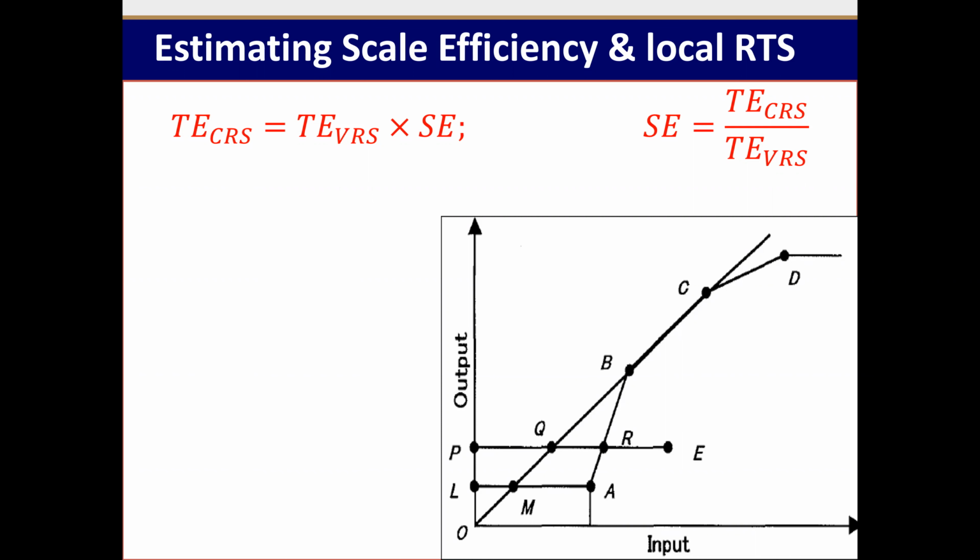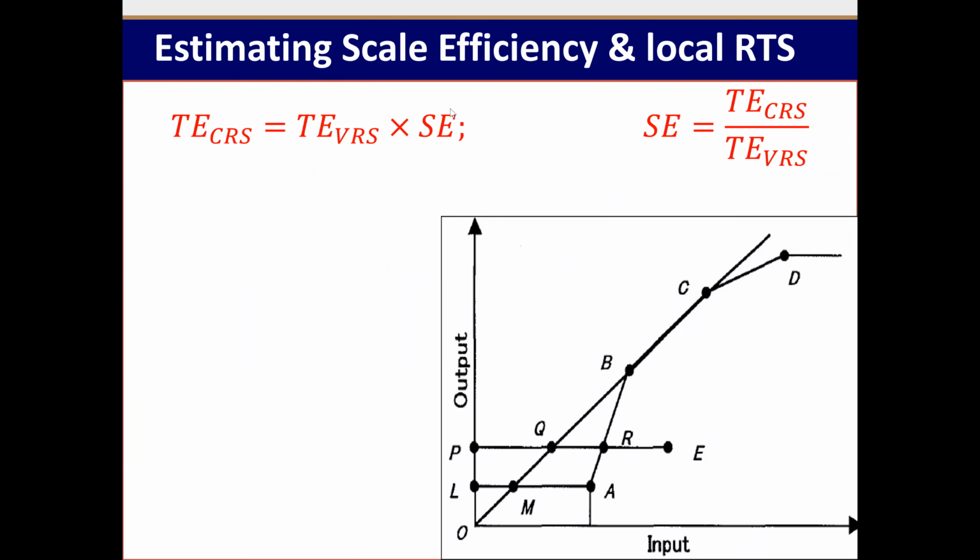And decreasing returns is when the VRS graph is moving towards the horizontal section, turning flatter. And when it is purely horizontal, those in that location are the decreasing returns.